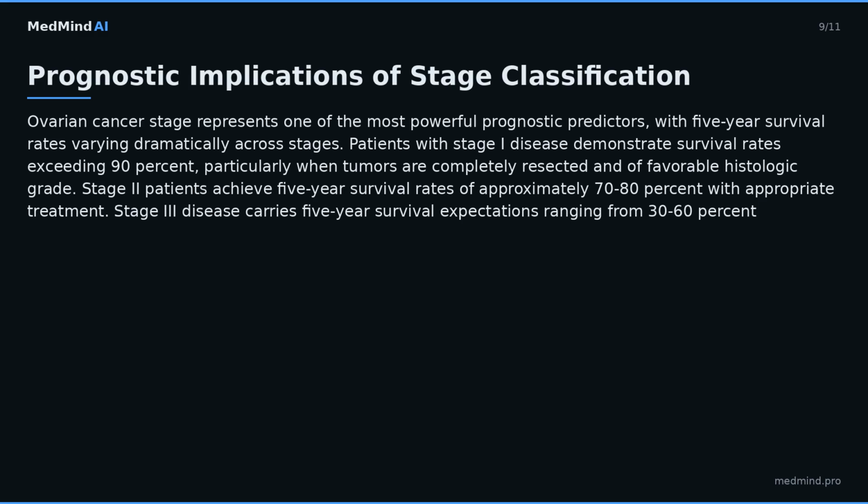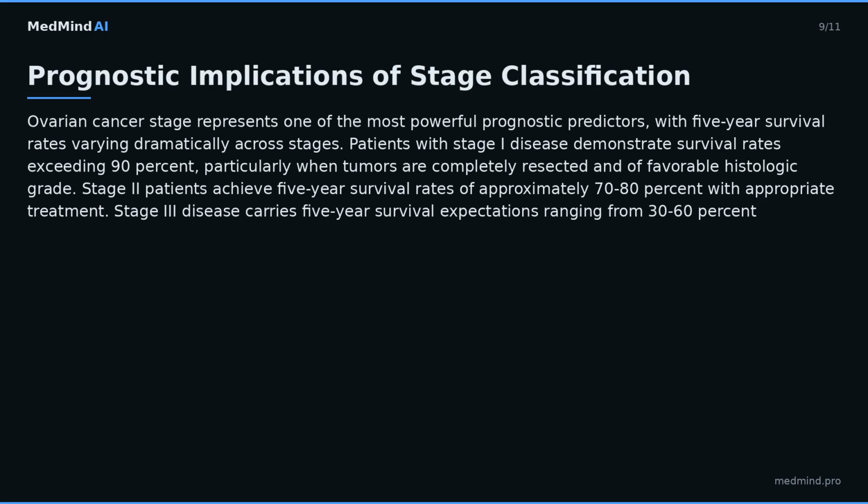Stage 4 patients face 5-year survival rates typically below 30%, though selected patients receiving optimal treatment achieve longer survival durations. However, these stage-based prognostic estimates represent population averages, and individual prognoses depend on numerous additional factors including histologic tumor grade, patient age and performance status, completeness of surgical cytoreduction, response to chemotherapy, and specific molecular characteristics of the malignancy.